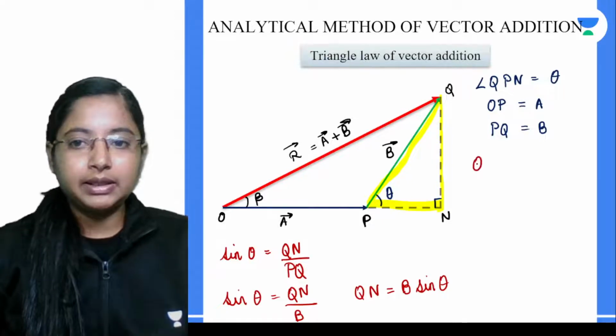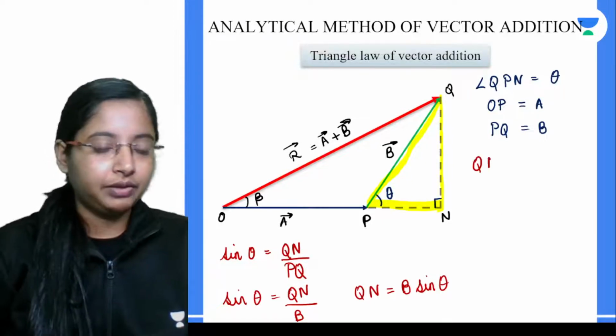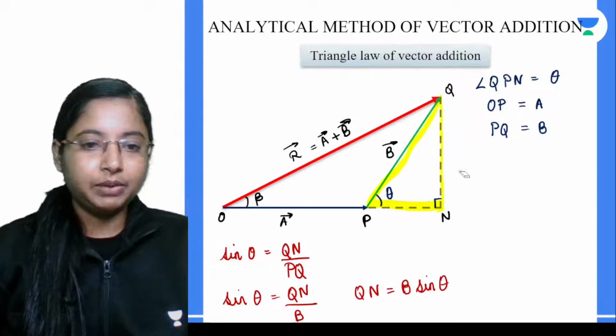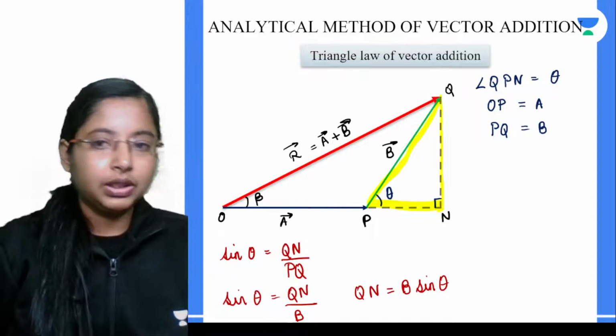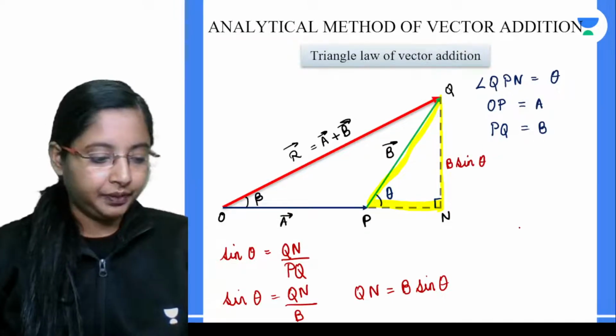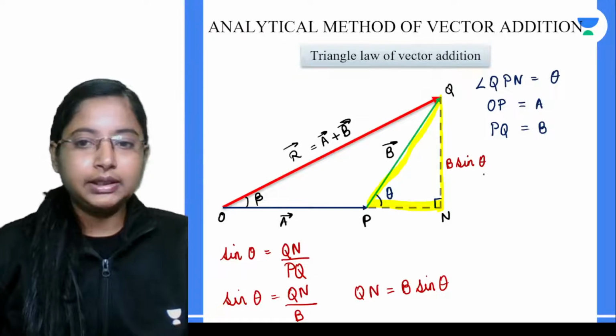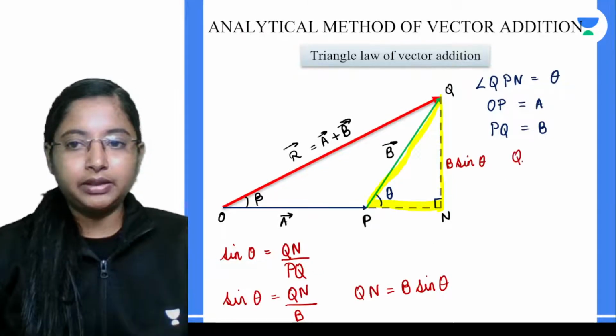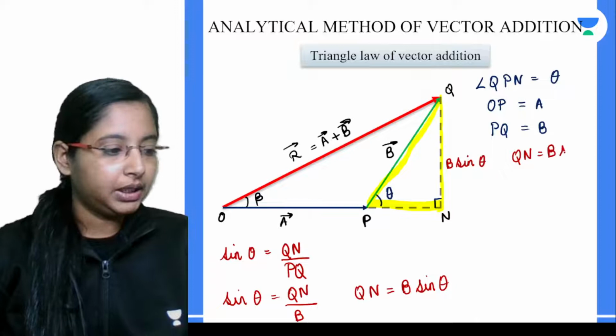Let me write this separately. This QN that we have over here is nothing but B sine theta. So this side length is B sine theta.